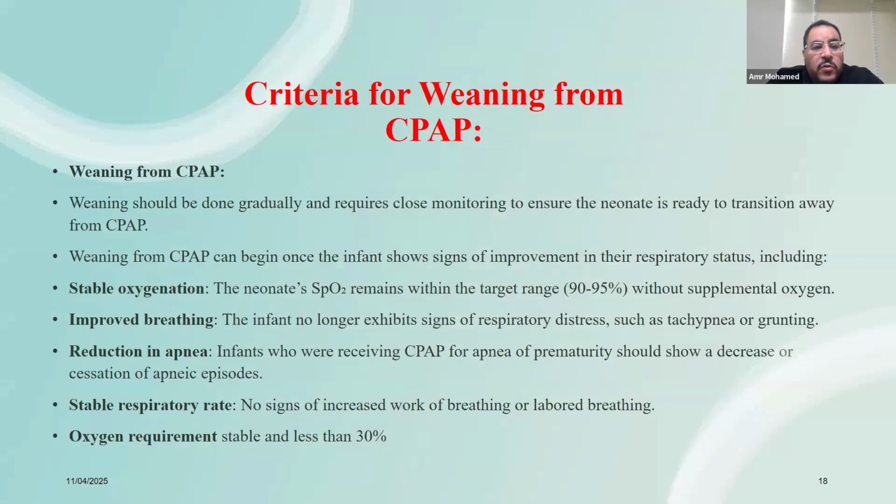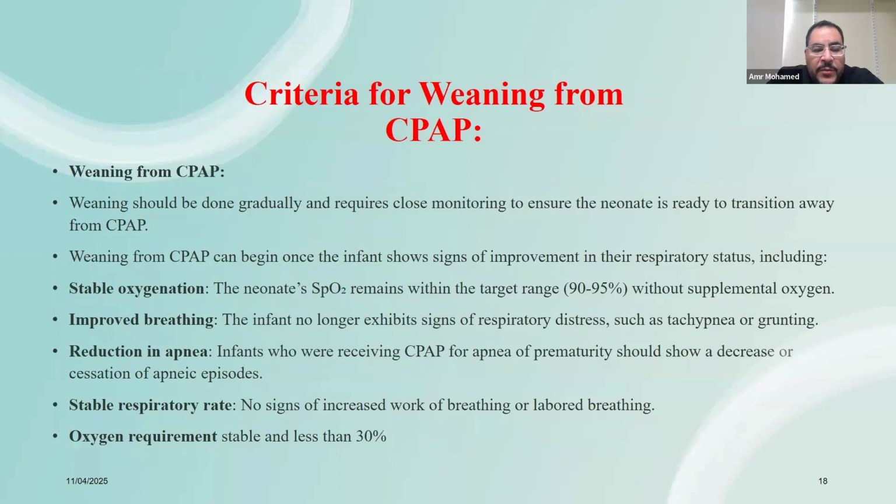The criteria of weaning from CPAP. If the baby becomes more stable on CPAP with good saturation, 90 to 95 without supplemental oxygen, and they don't show any signs of respiratory distress like grunting, tachypnea, or subcostal recessions, and also reduction of apnea if we are treating apnea of prematurity with RDS with CPAP.